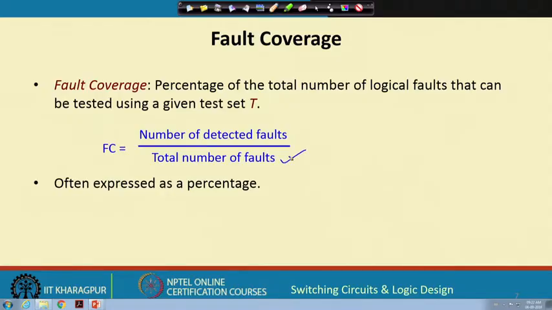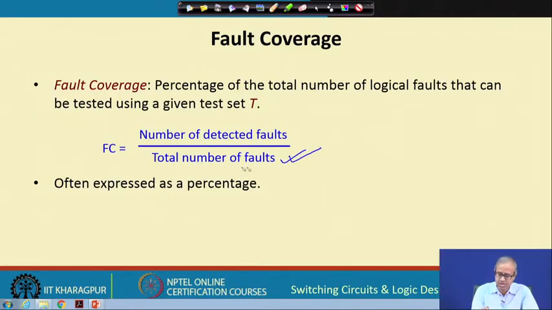The denominator here is the total number of faults, and the numerator is, well, we are doing testing and how many of these faults we are able to test. The ratio of these two is defined as the fault coverage. Sometimes we multiply this factor by 100 and express this fault coverage as a percentage.